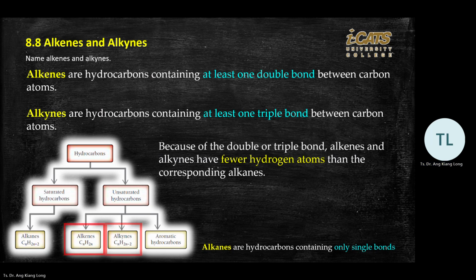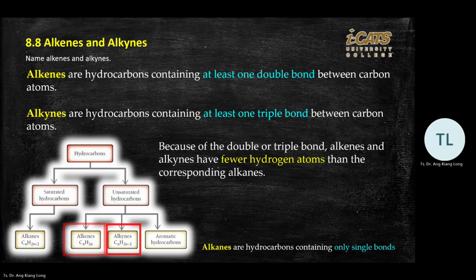If it's alkene, it means it has one double bond between the carbons. Saturated means you have all single bonds only, one line only. You only have carbon, one line, and it forms a single chain. If we have C, then suddenly C to C got a double bond, it becomes alkene. If C to C is a triple bond, it becomes alkyne.